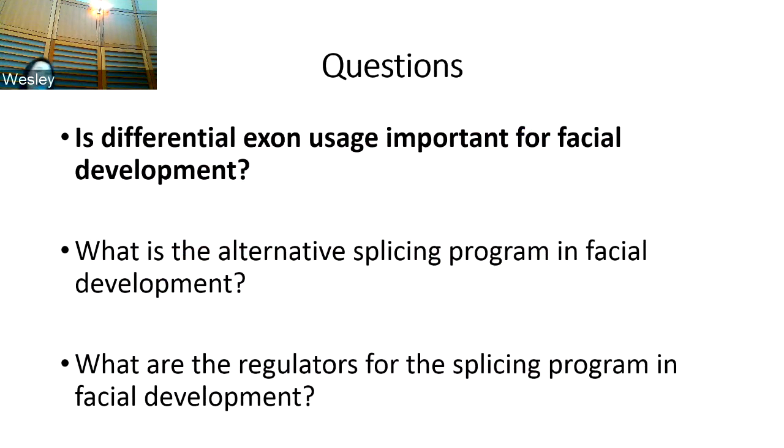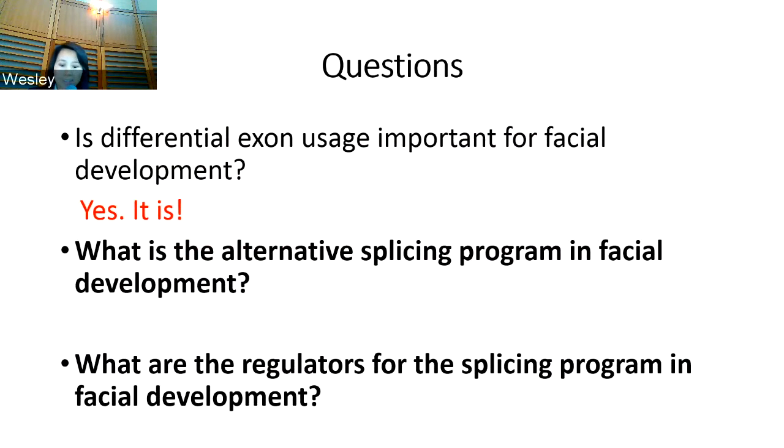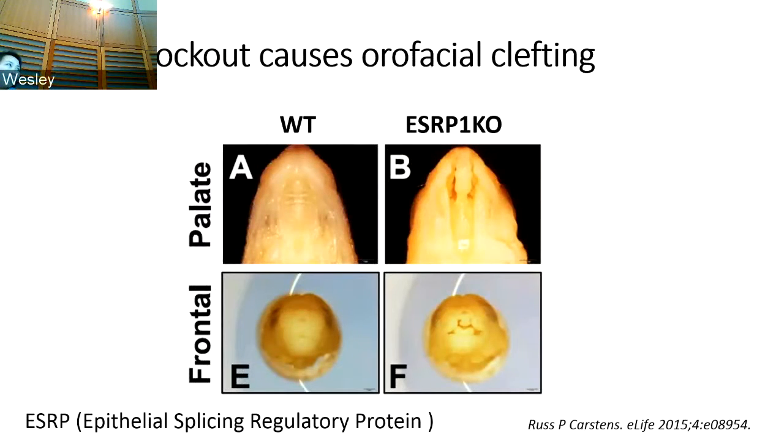As Joan had mentioned about the alternative splicing, the question is, is this really important for facial development? Yes, it is. ESRP1 is an epithelial-specific splicing regulator. This gene is involved in EMT and also in cancer. So our collaborator, Ross Costin, knocked out this gene.